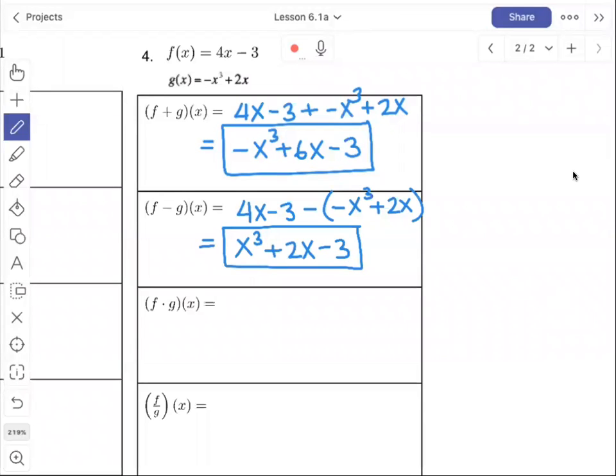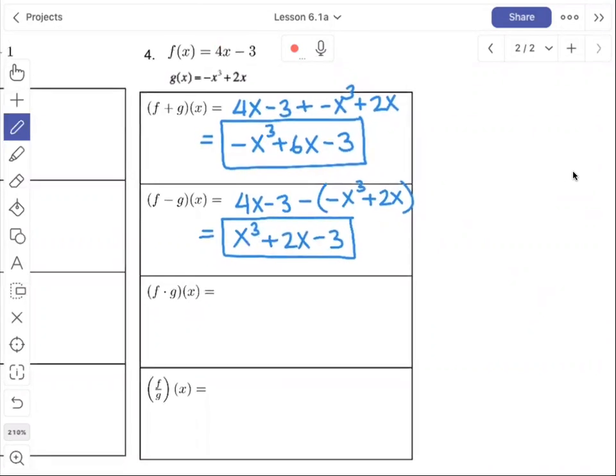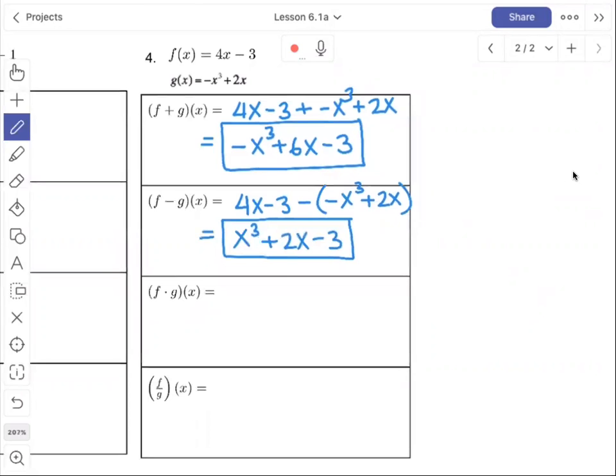Next one, f times g of x. Let's go, Ethan. All right, Ethan, how do we do this one? So we're gonna do 4x minus 3 times negative x cubed plus 2x. Next, keep going.